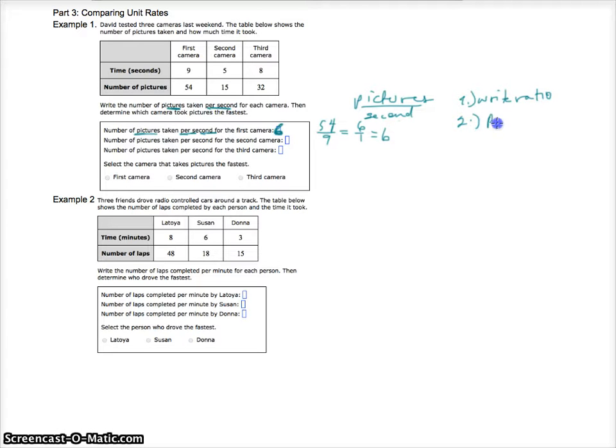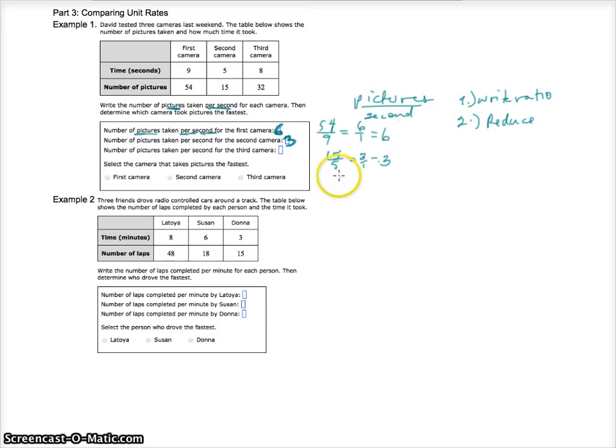Two, we need to reduce. And that'll give us our unit rate. The second camera was 15/5, which equals 3/1, which equals 3. So our second camera took 3 pictures per second.